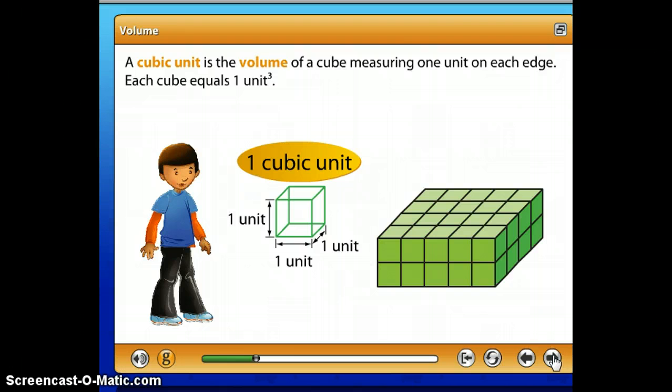Hope? She said centimeters. What else could it be? Inches. It could be 1 cubic inch. That means that the length, the width, and the height of that cube is 1 inch on all sides. So it's a cubic inch.